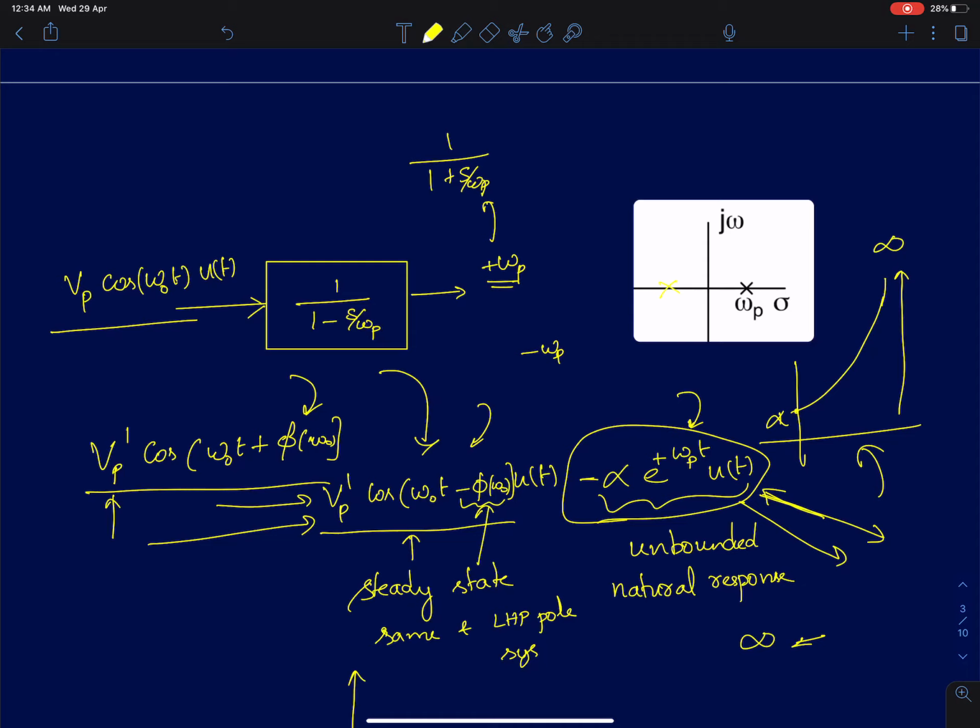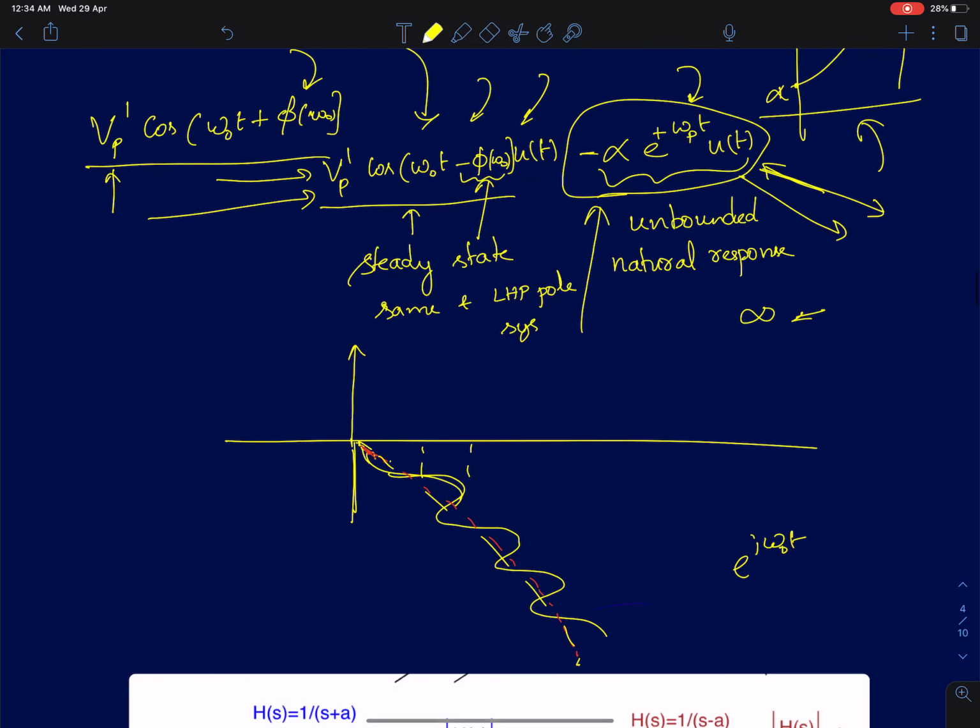But because you are applying the input suddenly, whenever there is a sudden change, your system will exhibit a natural response. And that natural response for a right of plane pole system is unbounded. So if you feed a sine wave to a right of plane pole system, you should expect an unbounded output. The output in fact will look like this. There is a sine wave riding on top of an exponentially increasing signal. So this is the output for this system.